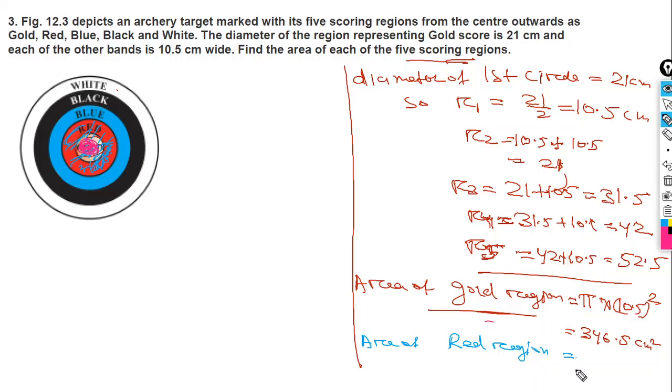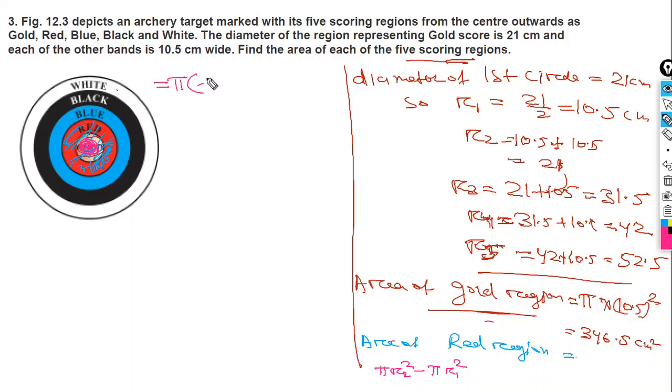Area of the red region will be equal to pi r2 square minus pi r1 square, which will be equal to, taking pi as common, pi times r2 square minus r1 square.